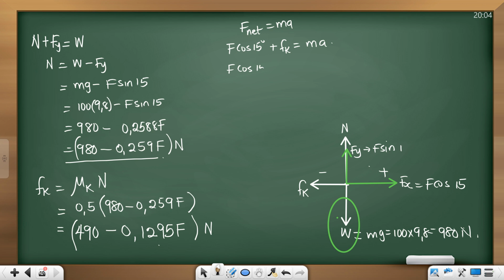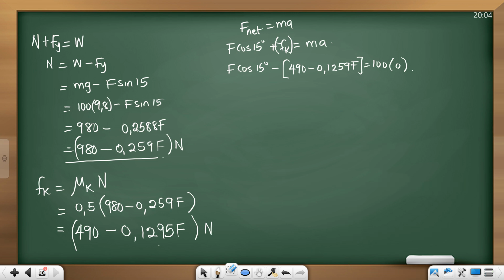F cos 15. Now, friction would be what? A negative, remember? Plus minus friction. So minus 490, algebra here, 0.1259 F equals to 100 multiplied by 0.